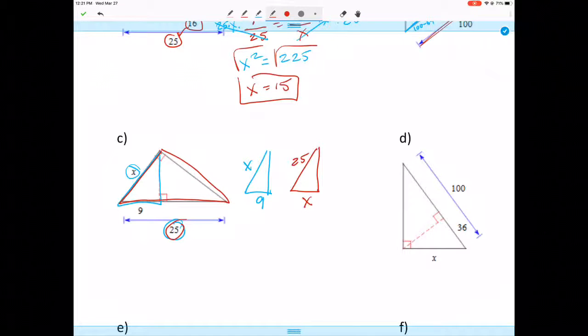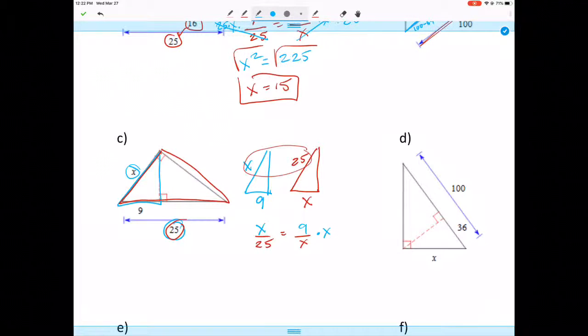All right, do the same thing. I'll keep the same color coordination. So x divided by 25, so these correspond, and that is equal to 9 divided by x.